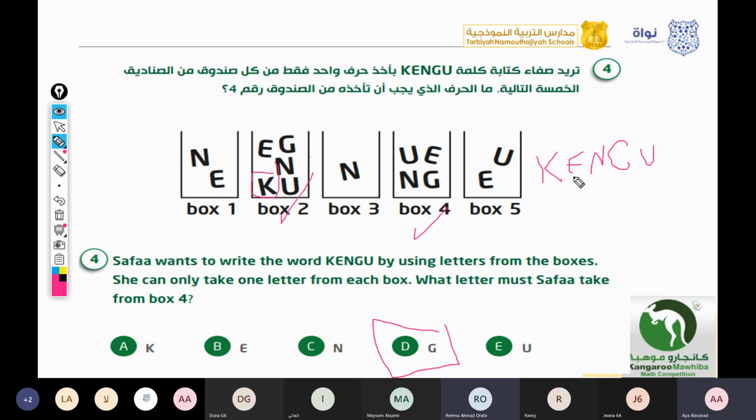After that, you have the letter E, so I can take E from its box. Then N from box 3. G is only found here, and U from the 5th box. So you will find K, E, N, G, U, right? Only here can you find the letter G. Thank you. Any questions?